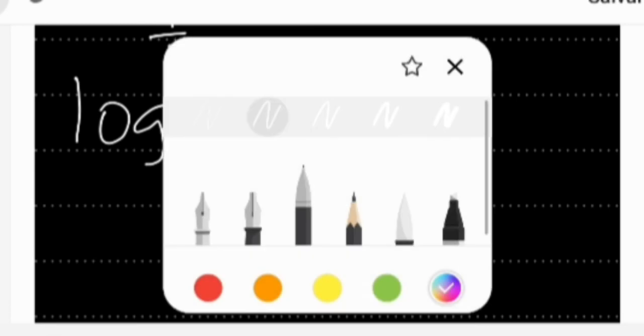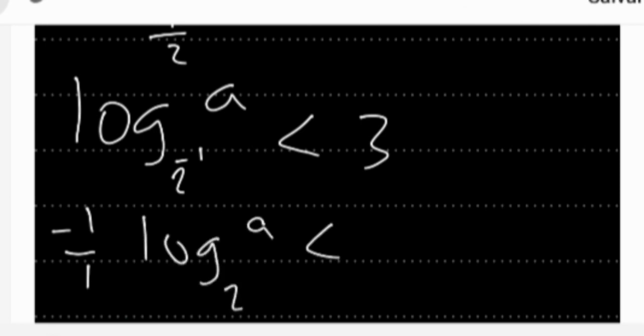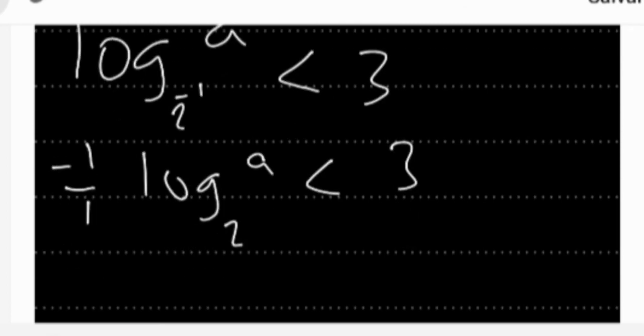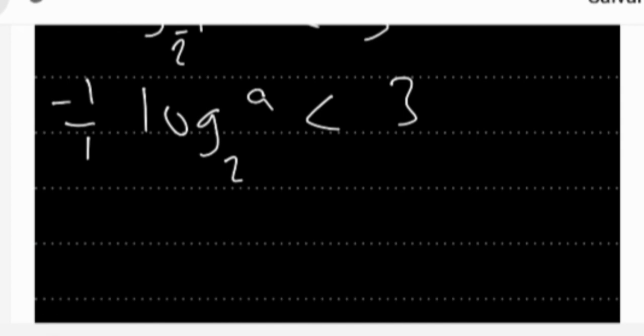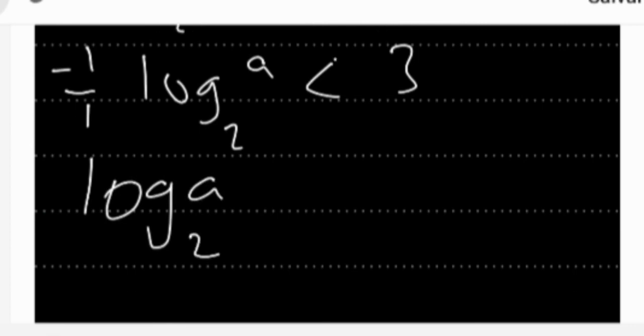And remember, this minus can go to the other side, like minus 1 divided by 1, which is minus 1 times log of a in base 2 is smaller than 3, right? But there is a minus over here, so dividing all the sides by minus 1, we will need to change the inequality because we are dividing by a minus, so it will be bigger than minus 3.